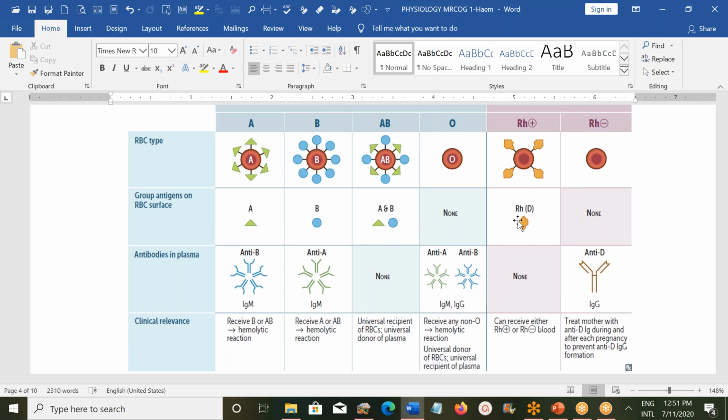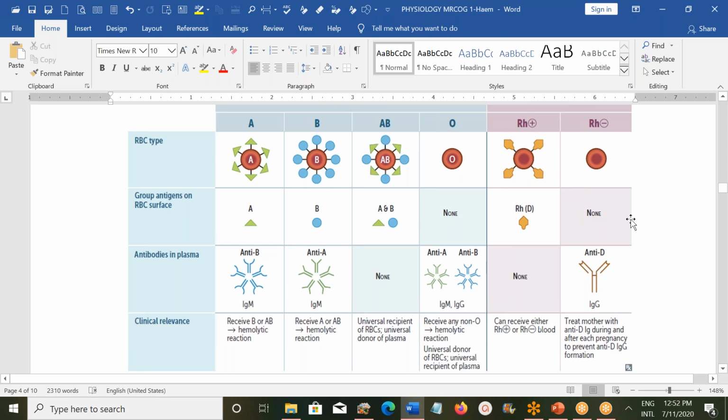Usually the first pregnancy is not affected, but maybe if the mother had received incompatible blood transfusion, then it can be affected. The offspring of individuals who are Rh negative, like the mother and father are both negative, their baby is definitely going to be 100% Rh negative. But if one of the parents is Rh negative and the other one is Rh positive, then what will happen?